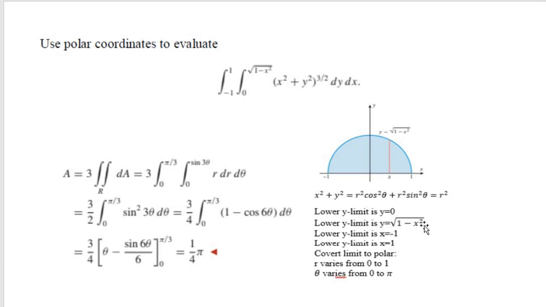Lower limit of y is 0, upper limit is root of 1 minus x square, lower limit of x is minus 1, upper limit of x is 1. So by converting this to polar coordinates, r is varying from 0 to 1 and theta from 0 to pi. Variation of theta is from 0 to pi. So write the limits in terms of r and theta and then evaluate.